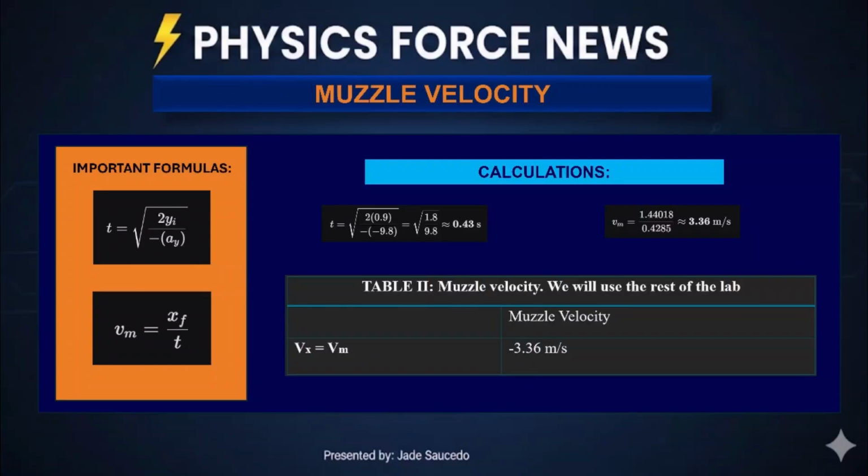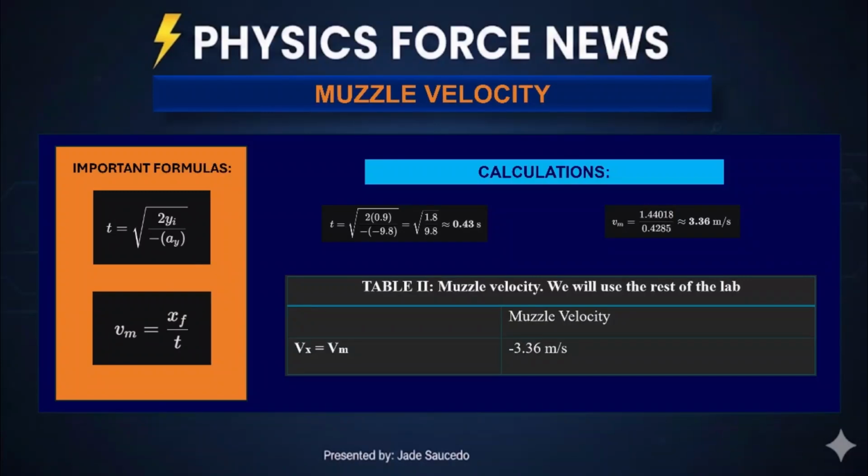We used a height yi of 0.9 meters and gravity ay of negative 9.8 meters per second squared. As the manual notes, we enter acceleration as a negative so that the two negatives cancel out, giving us a real positive time of 0.43 seconds.